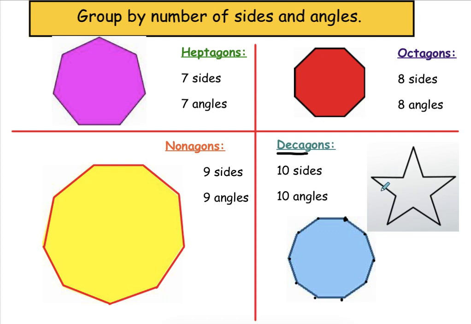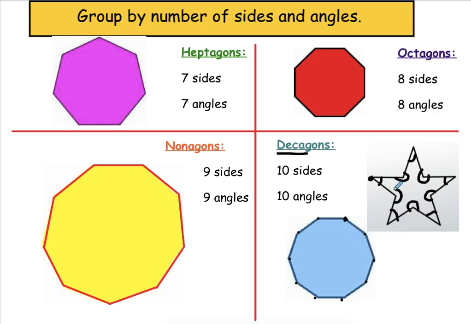Now I just wanted to show you that this star is also a decagon. If I started here, there's 1, 2, 3, 4, 5, 6, 7, 8, 9, 10 sides, and the angles are this: 1, 2, 3, 4, 5, 6, 7, 8, 9, and 10.